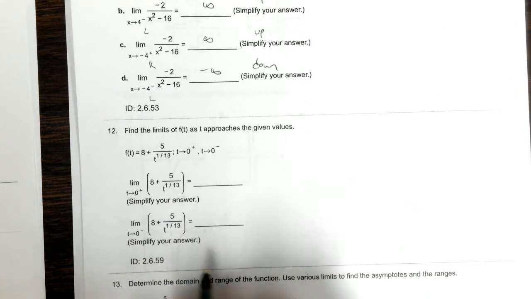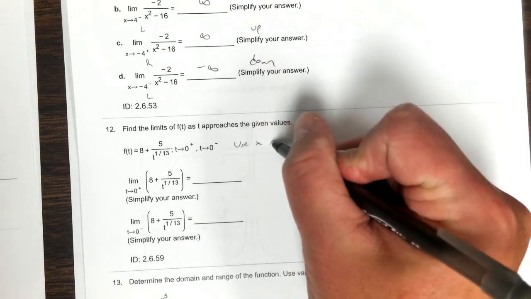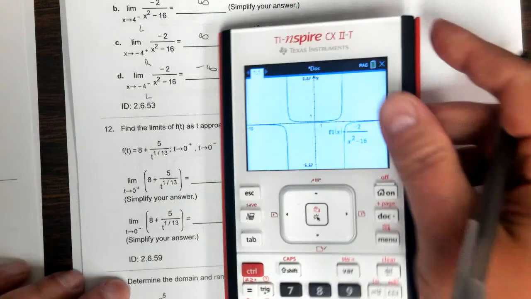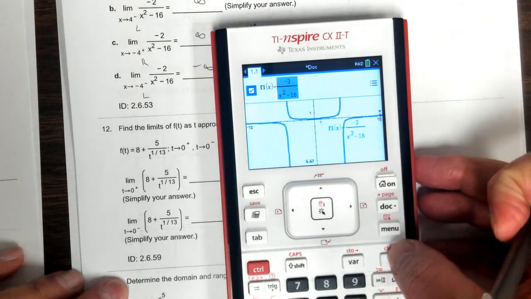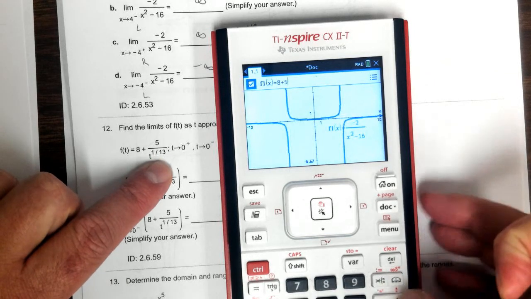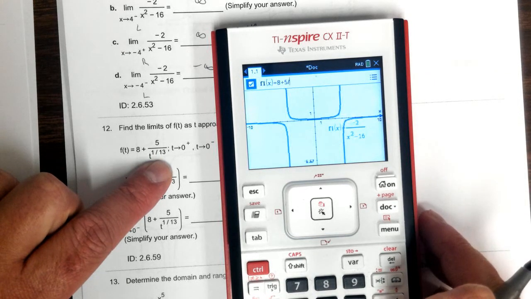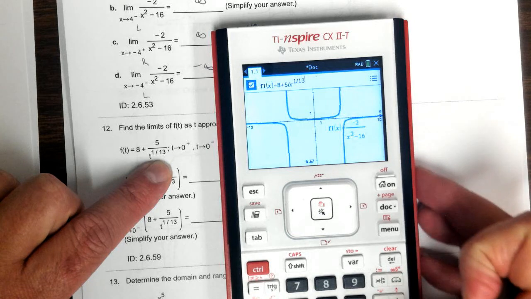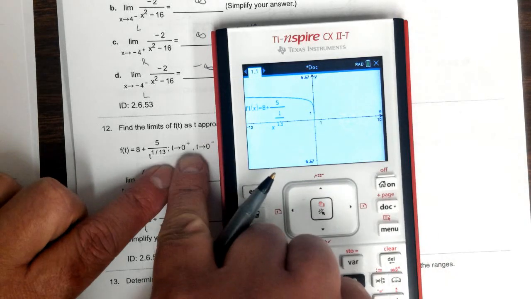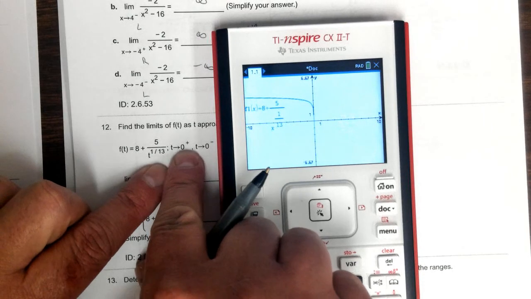Okay, then on this one, just graph it also, but use x, not t. So for this one, 8 plus 5 over x up arrow 1/13. What we want is 0 from the right and 0 from the left. So this is the right, this is the left.